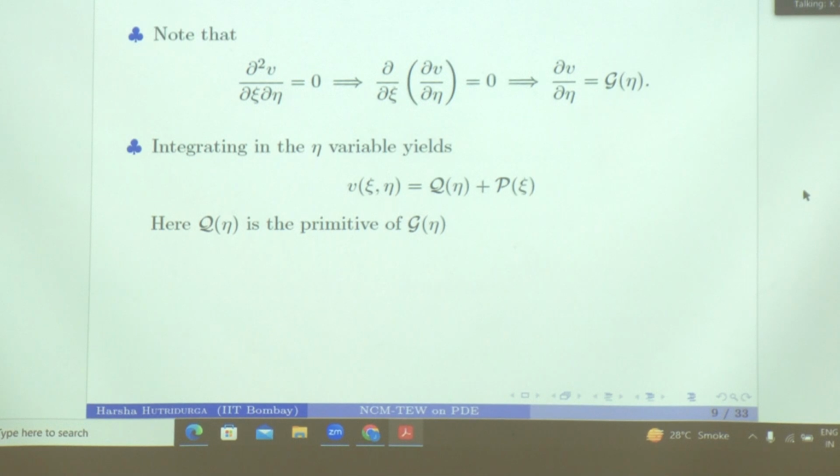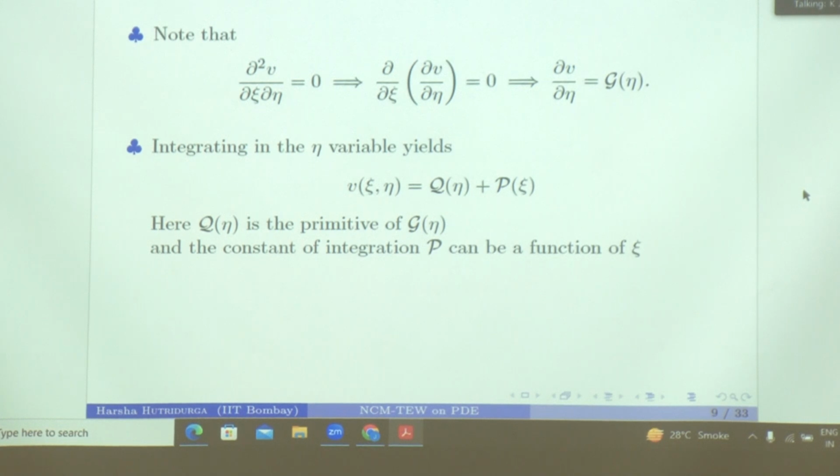Some function of eta alone plus some function of psi alone. That is the observation we make here. Okay? Any solution to this problem should have this structure. We just don't know what that q and p are. We will find out, because we have still not used the initial data which is given to us, u0 and u1. Okay?